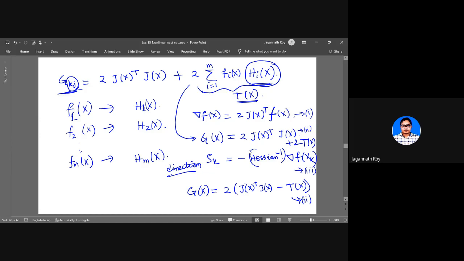So we want to find out that x_{k+1} equals x_k plus s_k. That is the iterative formula for Newton's method. We want to find this. But from these equations, this gradient is related to the function that we have calculated just now, which is the Hessian.